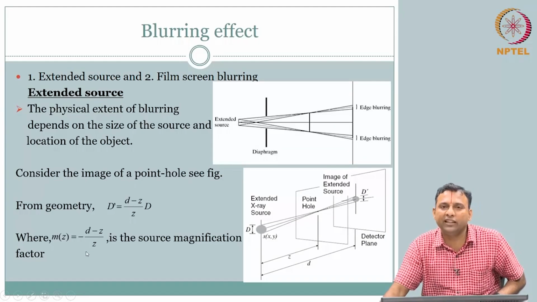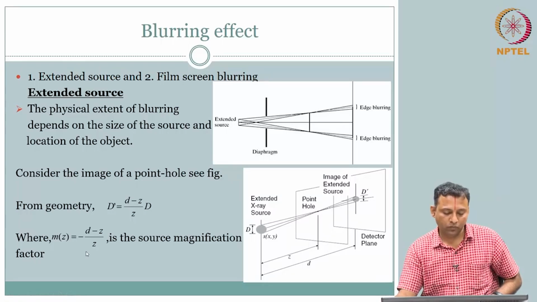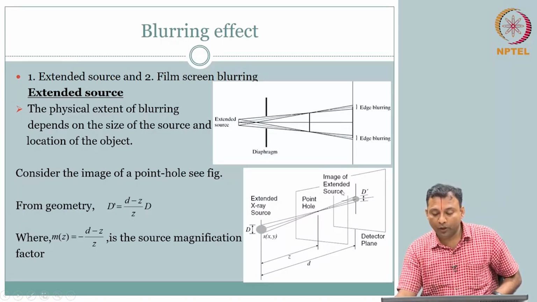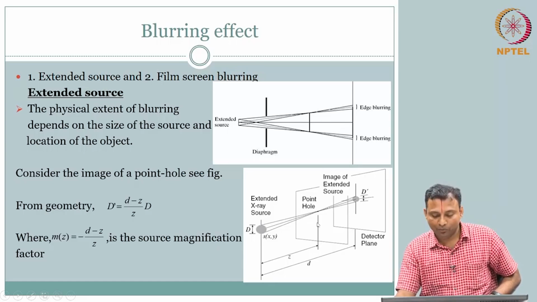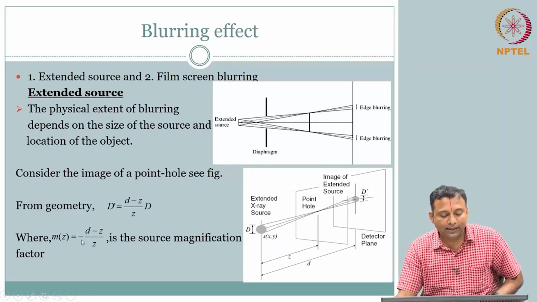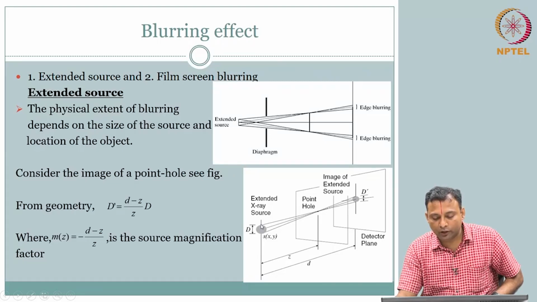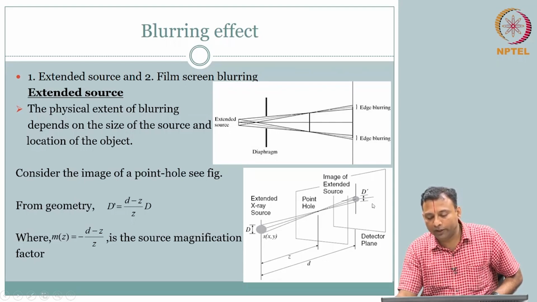So what does that physically mean? Well, you look at this, you have your D, you have your D dashed, both of them look like a disc. Here it is difficult to appreciate, but what does this negative physically mean? If I draw this, the top line went to the bottom, and this line is going to the top.